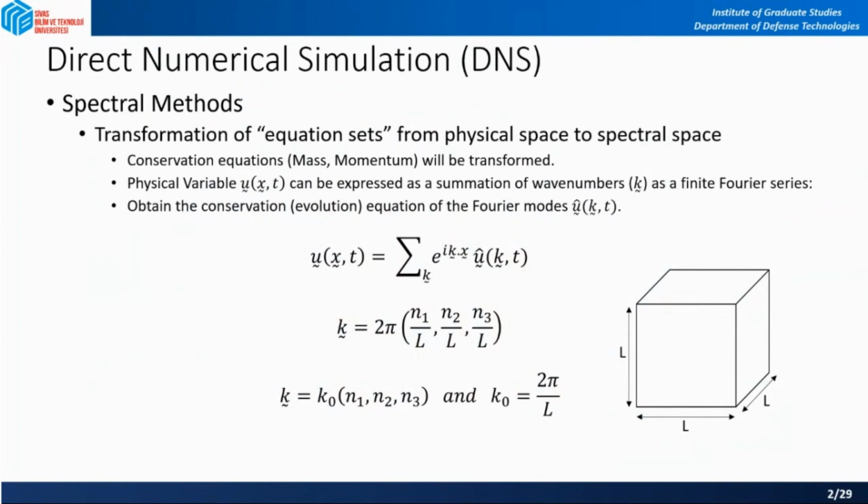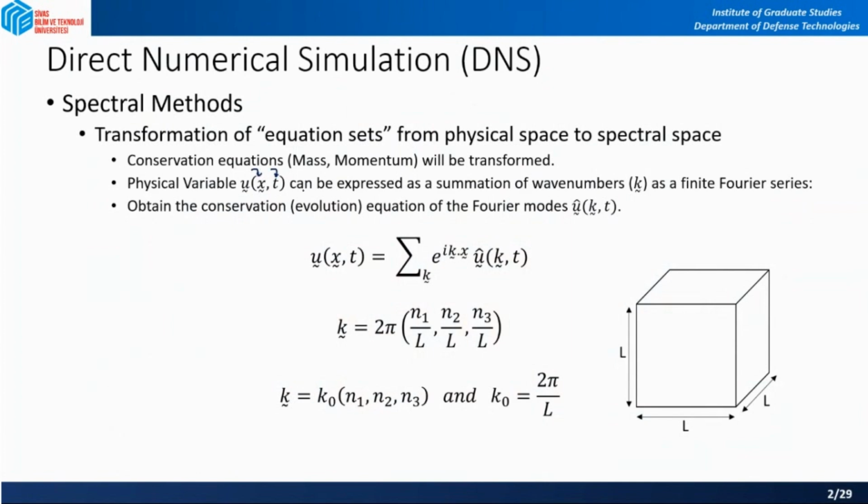And in the spectral methods, if you remember, this is a kind of review page. We said that we want to transform all the equation sets that we have in physical space to the spectral space. The mass equation, momentum equation, and other equations will be transformed to the spectral space. In physical space the variable like u, which is a vector velocity, is a function of both space and time.